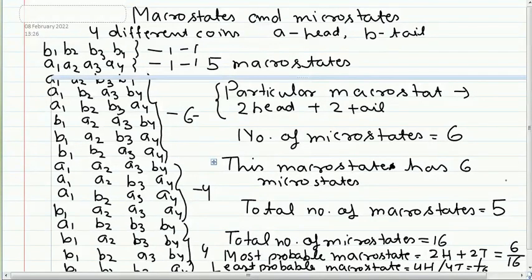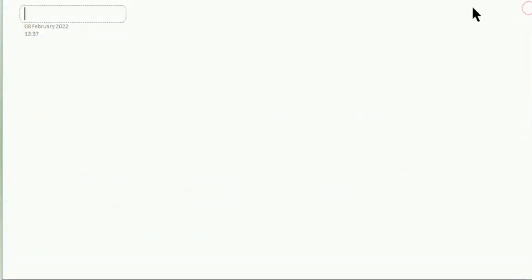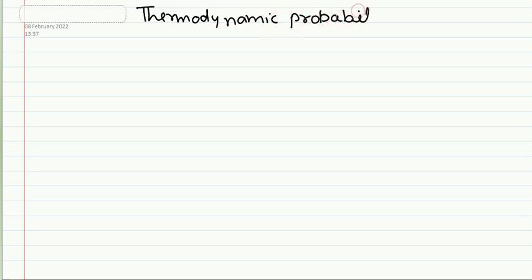Now come to another topic, that is the thermodynamic probability. Yesterday we discussed the simple probability. Now we are discussing the thermodynamic probability. You can note this down.